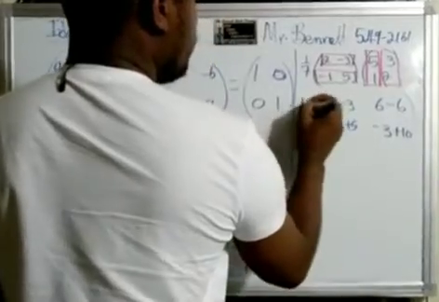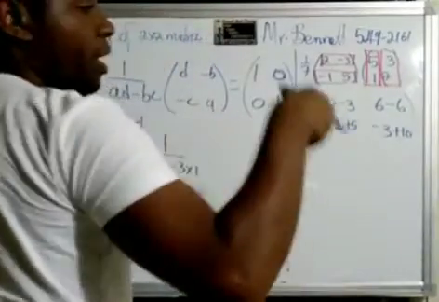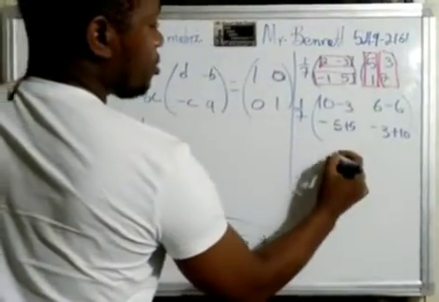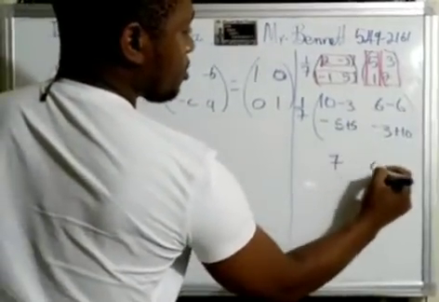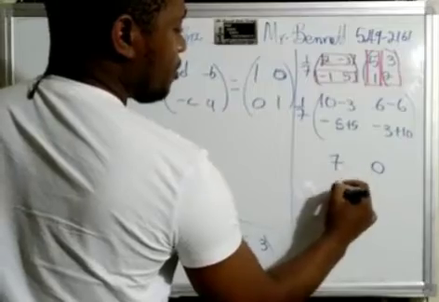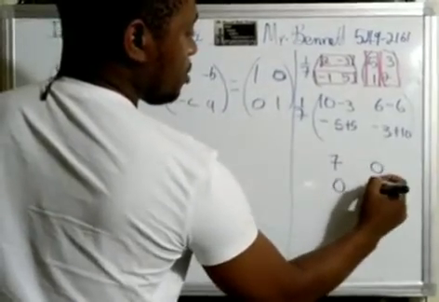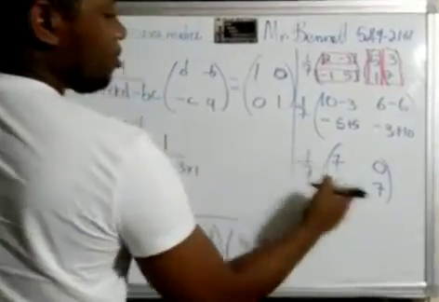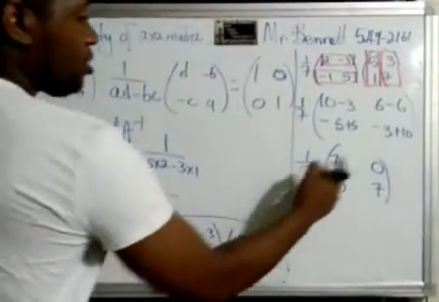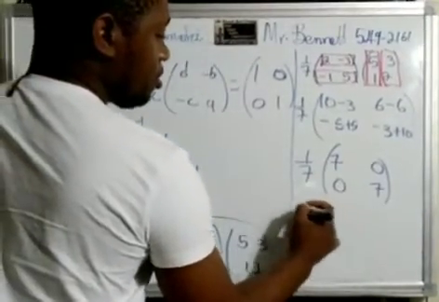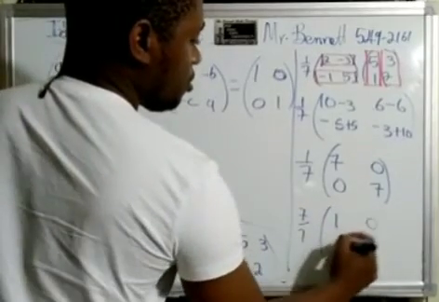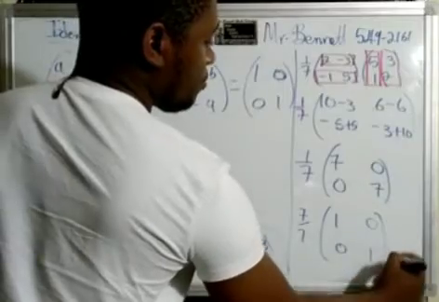Guys, you have to review row by column and so forth, right? So 10 minus 3 is 7, 6 minus 6 is 0, negative 5 plus 5 is 0, and negative 3 plus 10 is 7. But remember, we divide by the determinant. So 7 into 7 goes 1 time, therefore we get 1, 0, 0, 1.